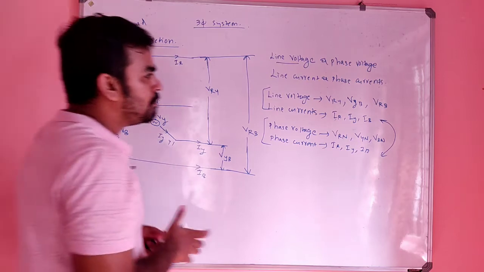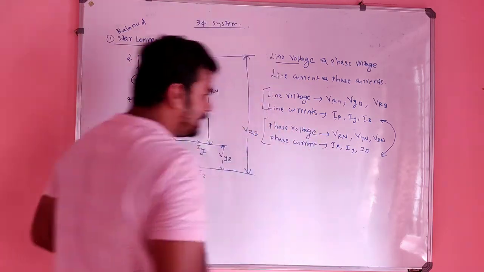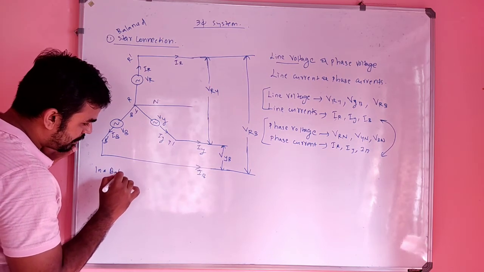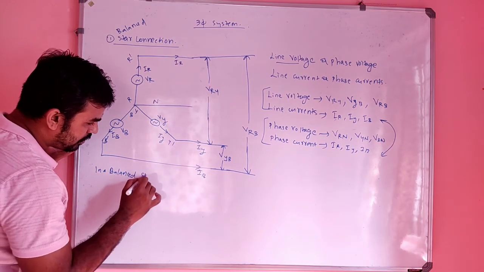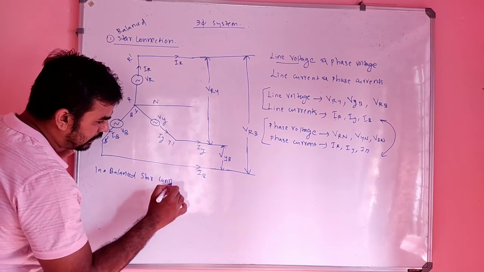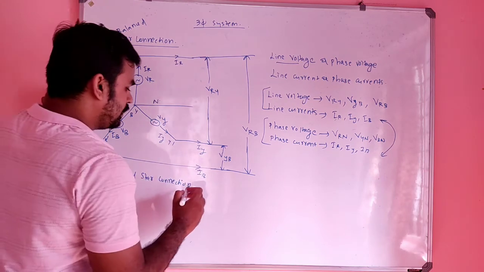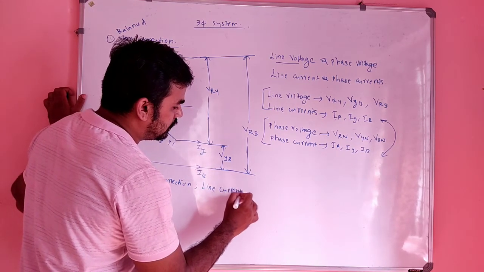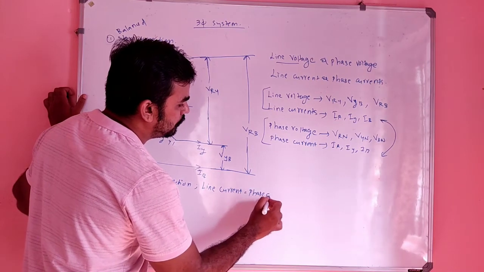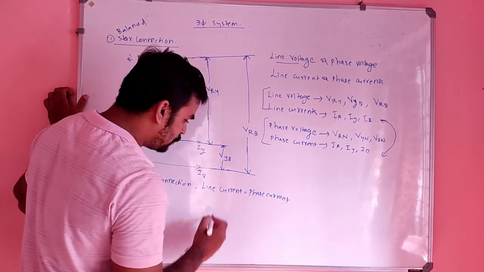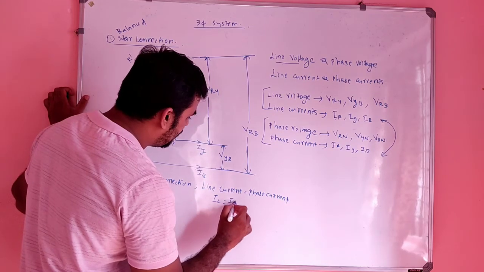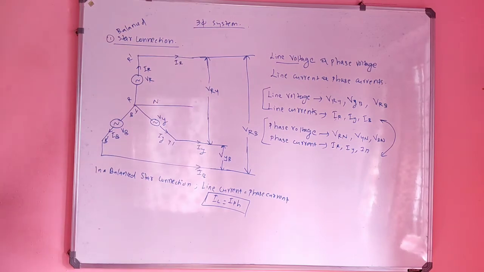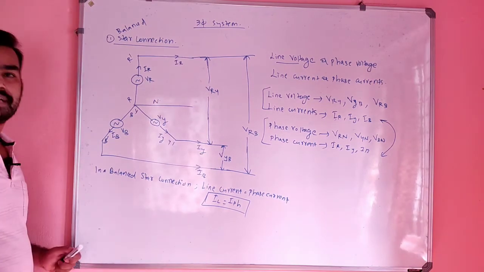In a balanced star connection, line current equal to phase current, where line current is represented by IL and phase current by I phase. So in a balanced three-phase star connection, line current and phase current are same.